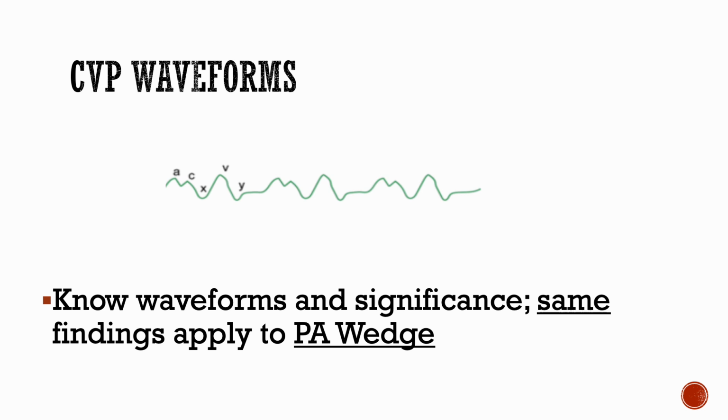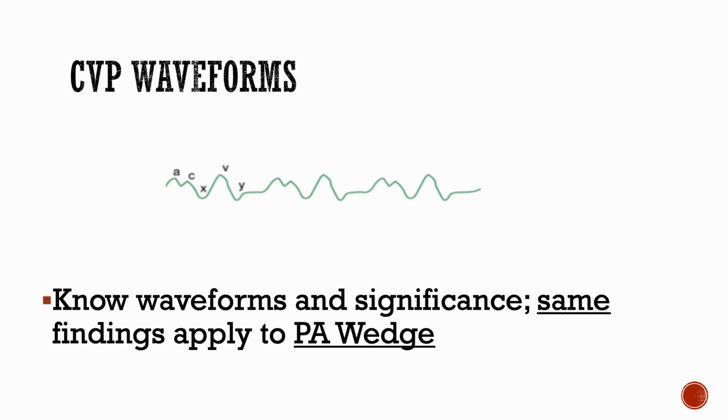And then when there's a lot more dominant blood flow going in from the atrium to the ventricle, that's when you see the Y descent, which is a pretty prominent downward descent. So the A corresponds with the P wave, the C corresponds with the R wave.